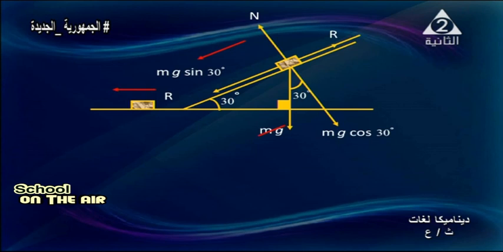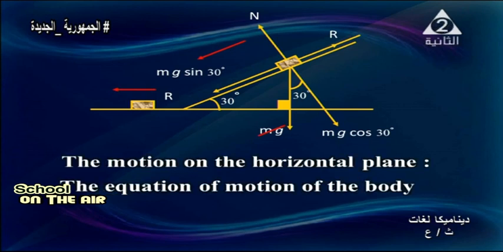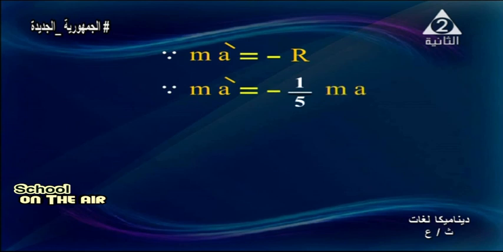And now the motion on the horizontal plane. The equation of motion on the plane, ma dash equals negative r. Then ma dash equals negative 1 over 5 mg. Then a dash equals negative 1 over 5 times g.